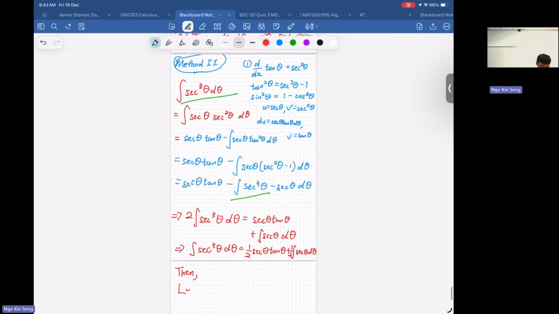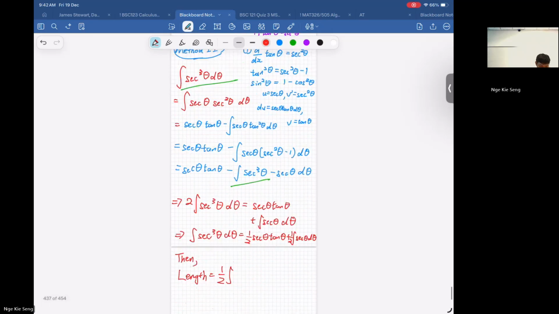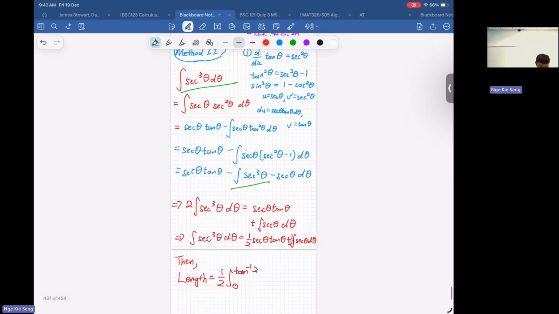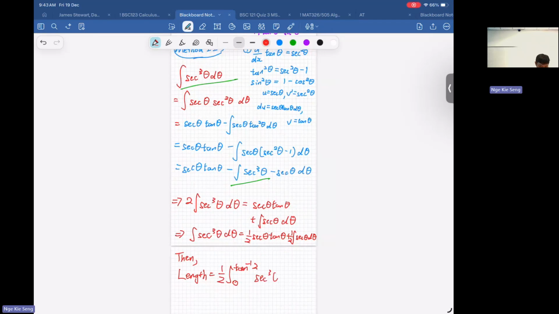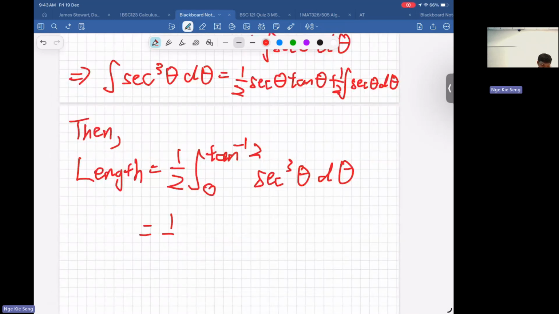This length here will be equal to half the integral from 0 to tangent inverse 2 of secant cube theta d theta, which equals half and half plus secant theta tangent theta evaluated from 0 to tangent theta equals 2.